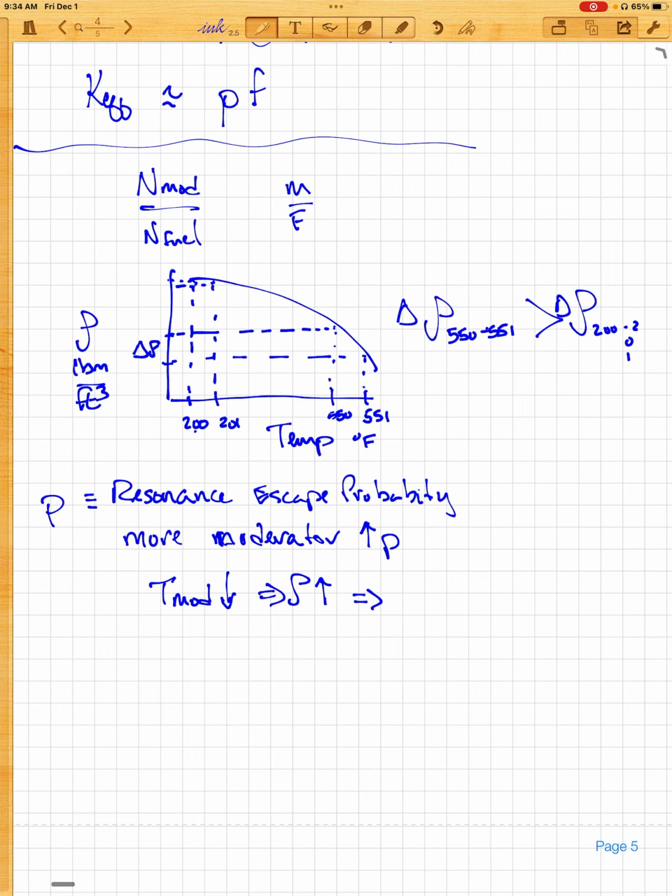The density is going to go up, so the fast neutrons are going to slow down quicker. Wait, that's not right. No, P is going to rise. Sorry. P is going to follow density, not temperature. I want you thinking in temperature. P is the opposite.